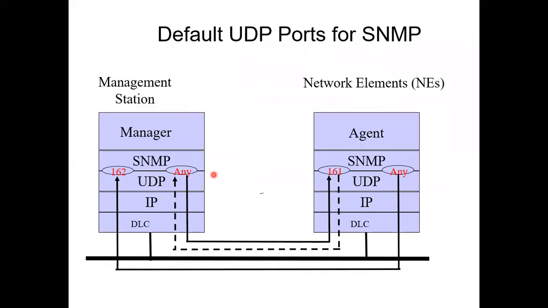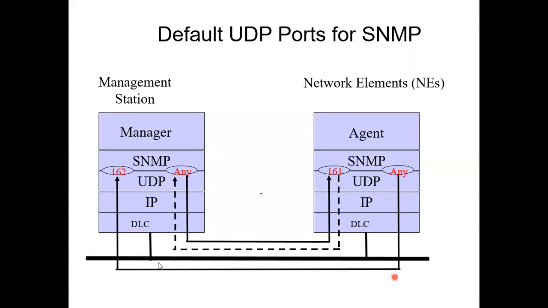Here is just a diagram to explain those two ports. I have the management station, which I can call the manager, and here are the network elements, which you can call the agent. All the layers are not necessary. What is indicated is that any message generated from the agent is received by the manager at port number 162.